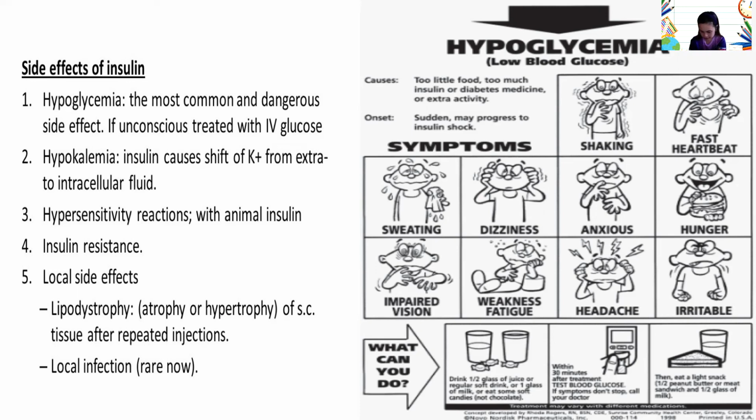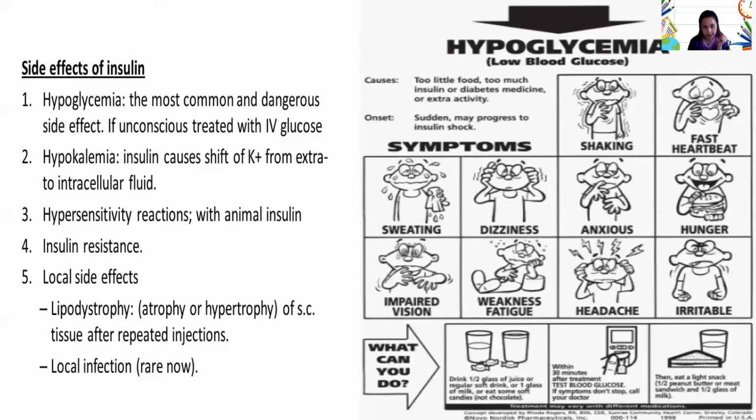Bakit not chocolate? Kasi ang chocolate is sucrose siya. Hindi siya simple sugar, so matagal pa siyang ma-absorb ng katawan. Dapat simple sugar lang. So pag nabigyan nyo na siya ng sugar, parang wala lang nangyari sa kanya. So this is side effect of insulin.